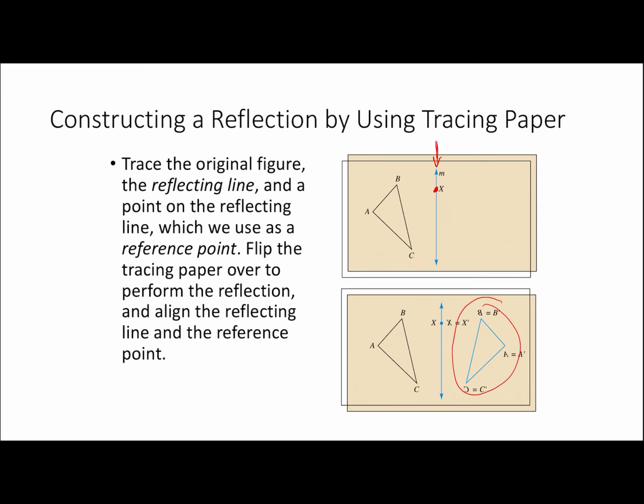Now, if this is a true reflection, the line between point A and point A prime, so this line, should be perpendicular to this reference line, or this reflecting line. And just a minute ago, we said that reflecting line should be a perpendicular bisector. It should be perpendicular, and it should also split that segment from A to A prime in half, okay?